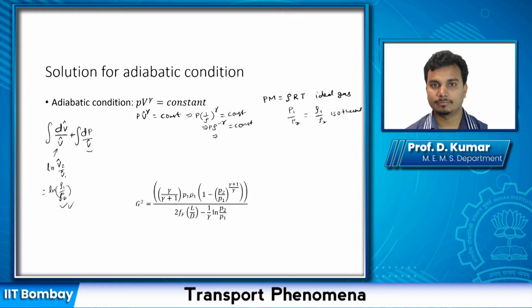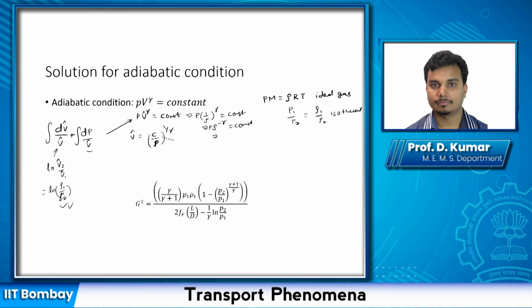To evaluate this term, again you can use this equation. So when you substitute here and you can do this integration, V bar will be some constant by P raised to 1 by gamma, and when you substitute it here, you can integrate and do all the calculations.